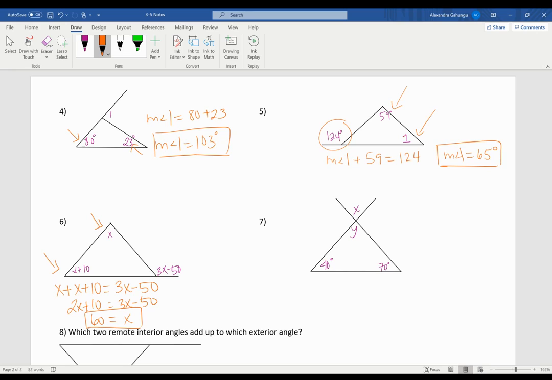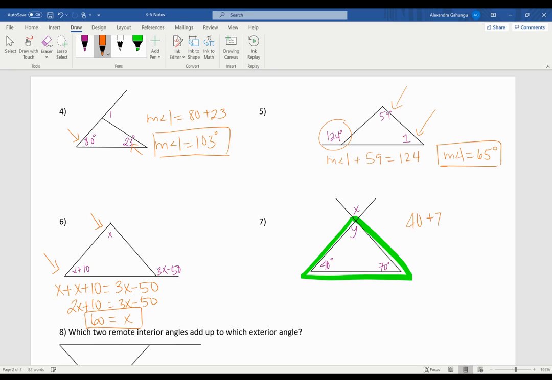Last piece, finding x and y. So we've got x, y. They're vertical angles. I can see that right away. And 40 and 70. You can use your exterior angles. What I see, though, is that I'm in a triangle here, and the sum of the angles in a triangle is 180.